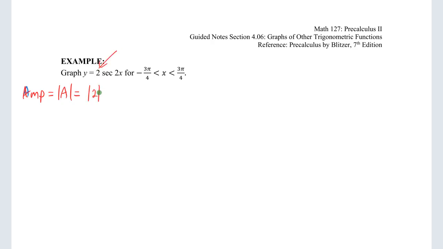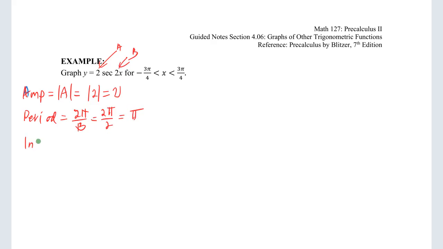So the absolute value of 2 is 2. Next we proceed with the period. Period is, again, 2 pi over b, and we do have a value for b here, which is 2. So 2 pi over 2 is simply pi.